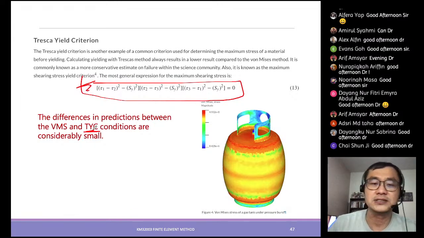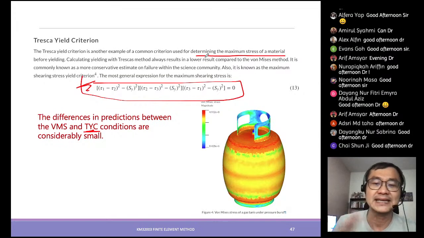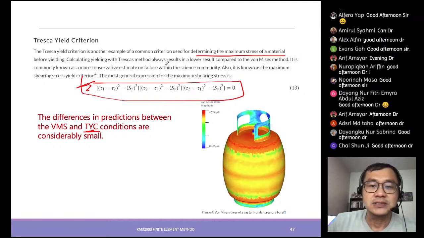This type of criterion is useful to find out the maximum stress of the material before it starts to yield. So this is another useful result, and usually these Tresca values are lower as compared to the von Mises method.